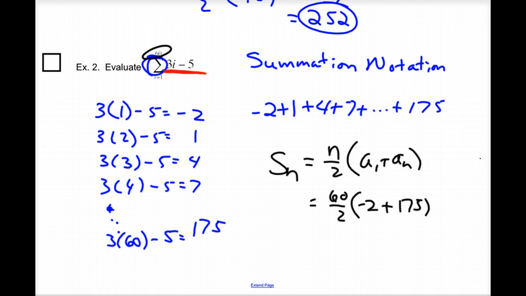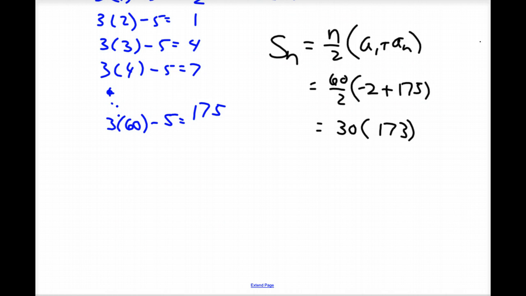So this is what I need to do to evaluate this sum. There's not just 60 numbers, there's 30 pairs. And those 30 pairs add up to 173. So I take 30, multiply by 173. Now 3 times 17 is 51. 3 times 3 is 9, so that would be 51 with a 9 after it.